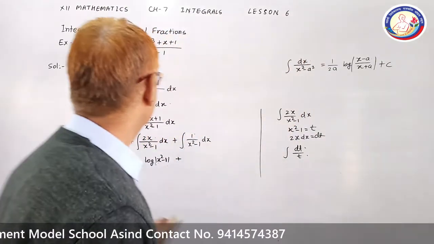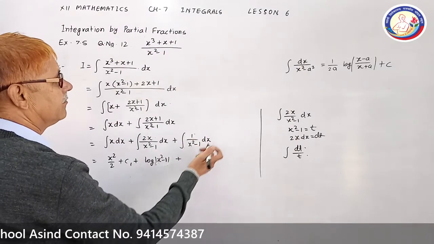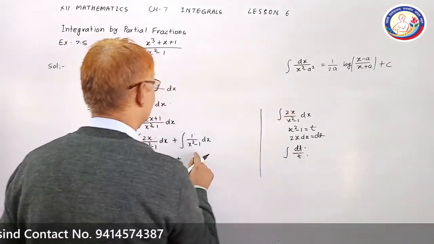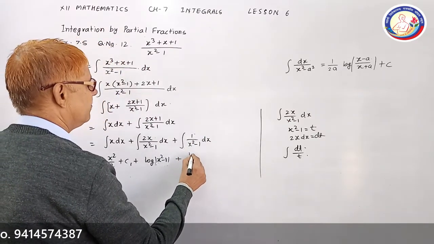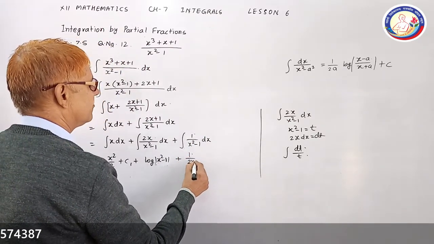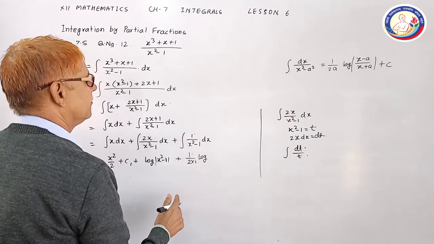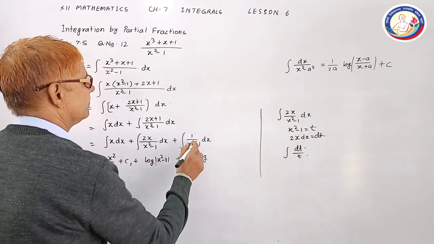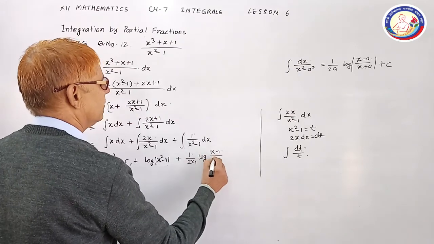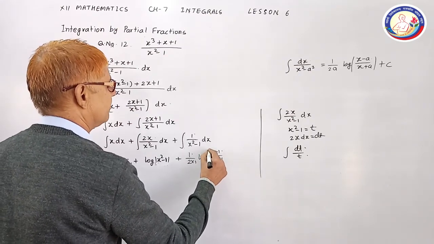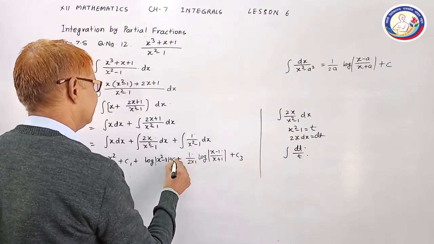So using this formula we can integrate this. Here a is 1. In place of a we are having 1. So it will be 1 upon 2a, that is 2 into 1, and log of x minus a, that is x minus 1 upon x plus 1, and plus c3, and here plus c2.